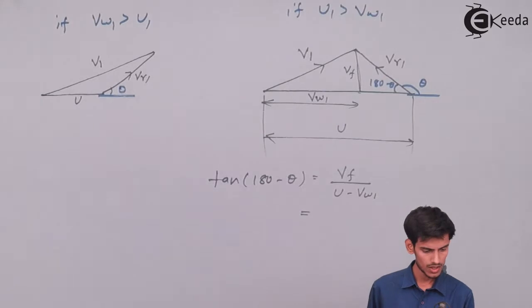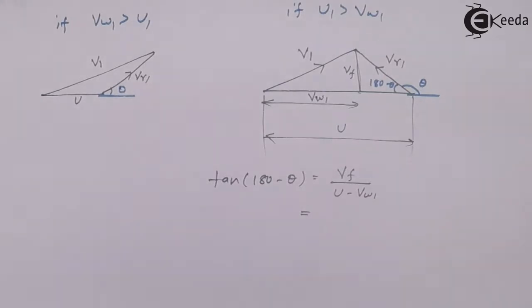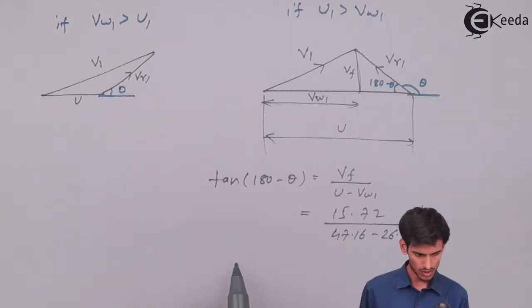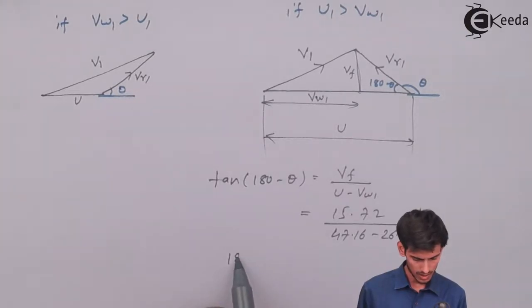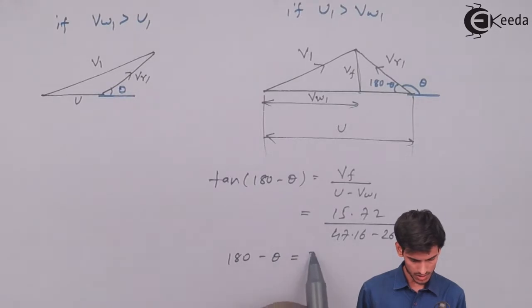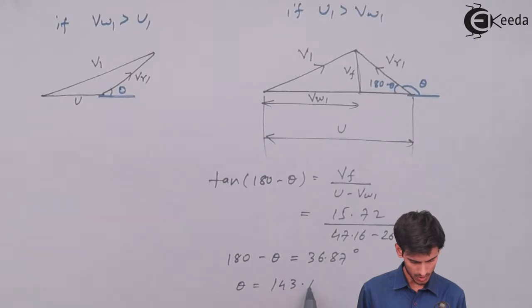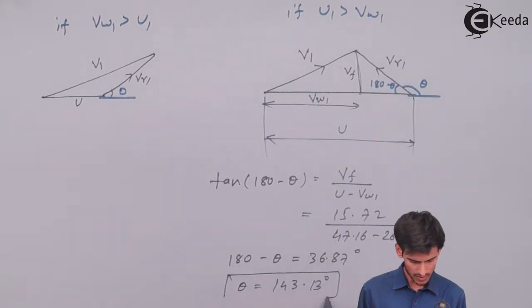The flow velocity I've already calculated, which is 15.72, and the value of u I know, which is 47.16, and Vw1 is also known, 26.2. After you solve this, you get the value of 180 minus theta as 36.87 degrees, and once you shift the value of theta to the other side, you get theta as 143.13 degrees. This is the guide vane angle at inlet.